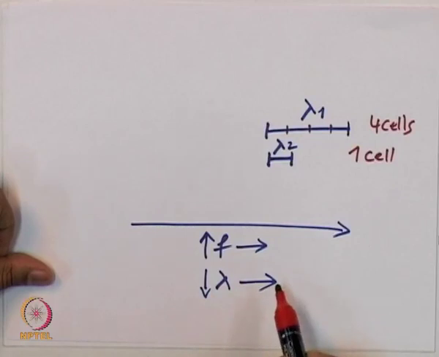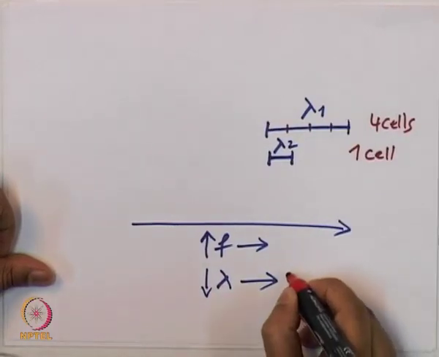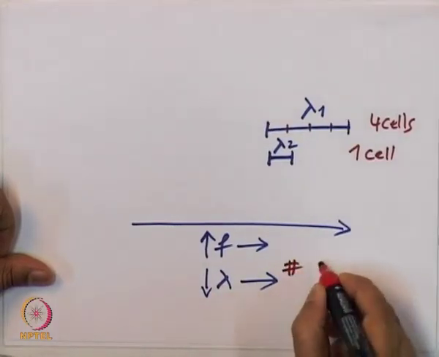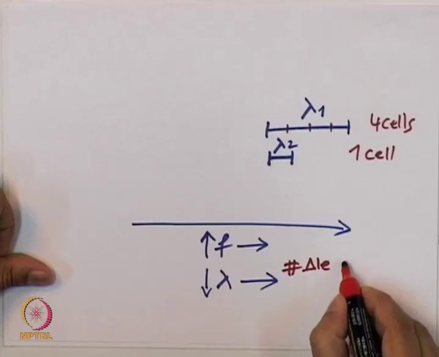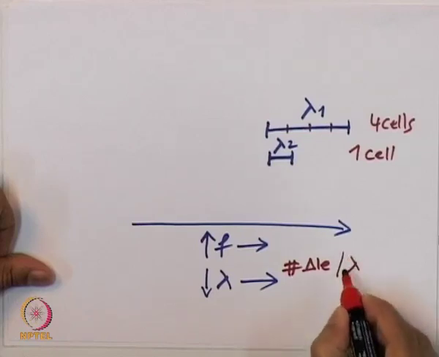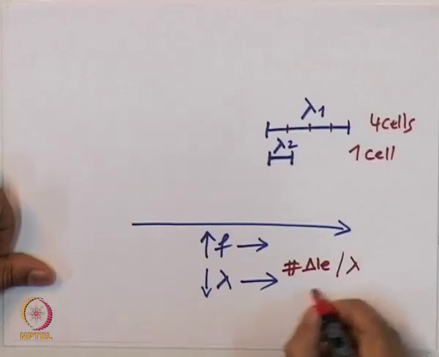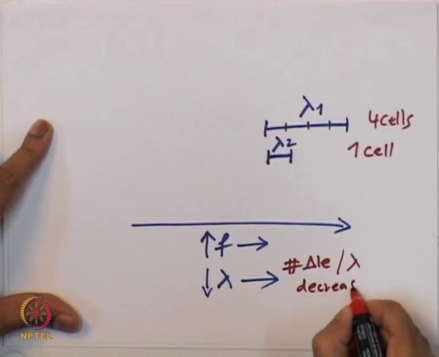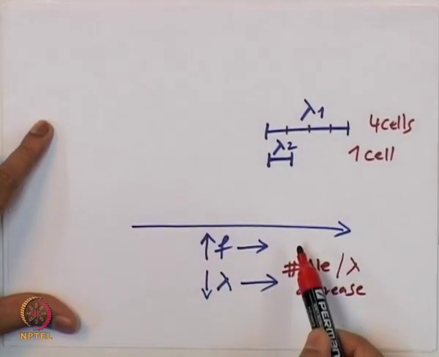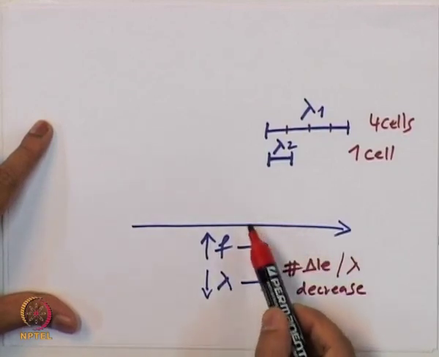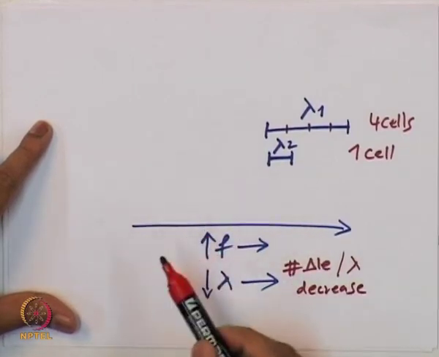Accordingly, the number of cells, so the number of triangles in the case of 2D, per lambda is going to decrease. So you expect, as you increase the frequency, the performance should deteriorate. So that is one thing.